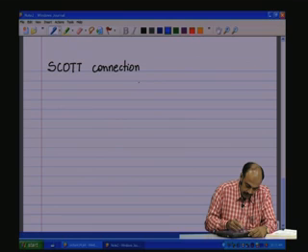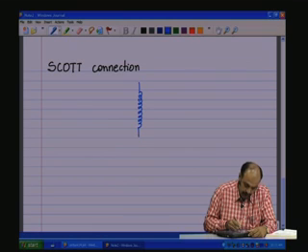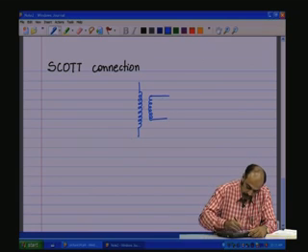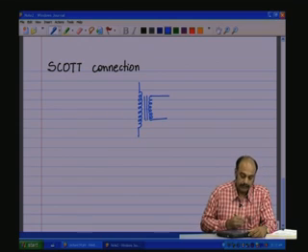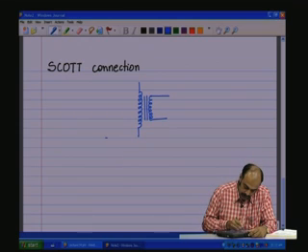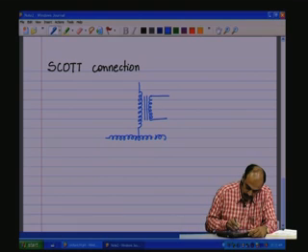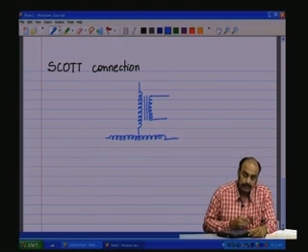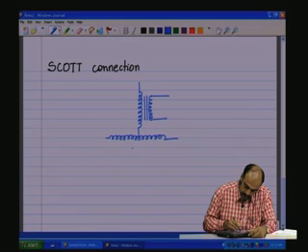Let us say there is one transformer which is connected like that with its secondary like this. Then there is another transformer, the primary is like that, the secondary is like that.